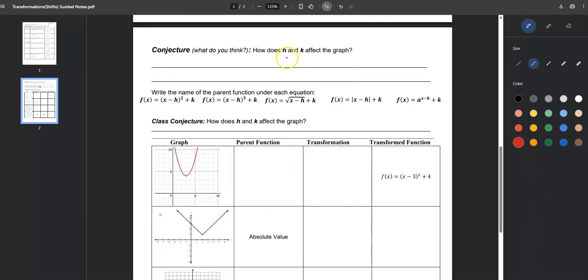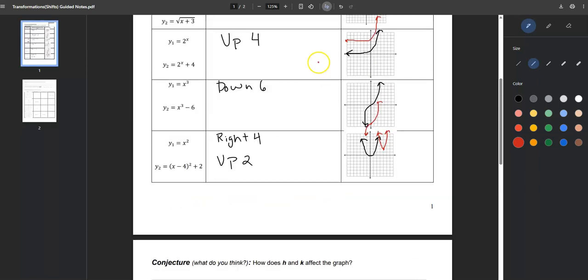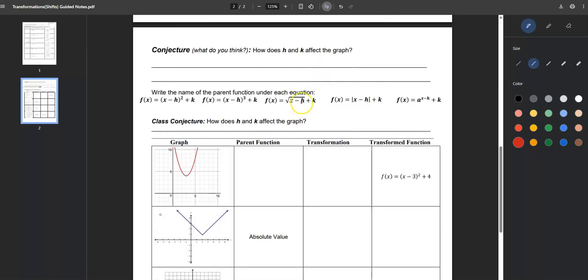So how does H and K affect this as I look at these depending on these different functions? So if I have H and K on these bottom functions down here, how does H and K in each of these affect? So notice H is always inside of my parentheses or inside of my square root or absolute value or exponent.